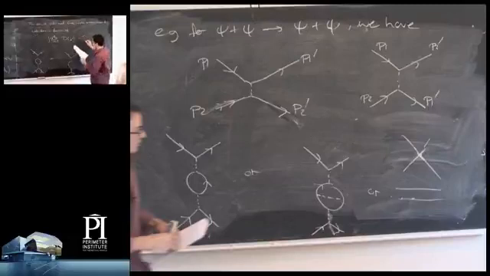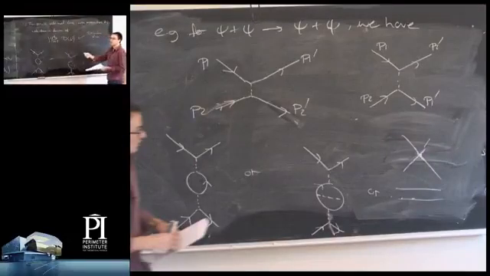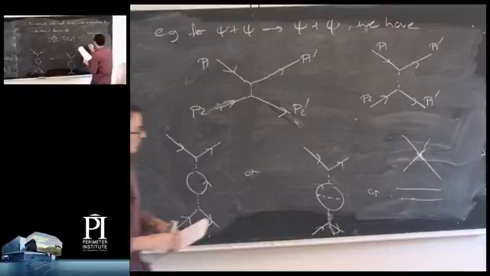What do I mean by this? All these propagators were written as integrals over d4x anyway, so we just strip off that d4x. This is the Fourier transform of the Feynman propagator.